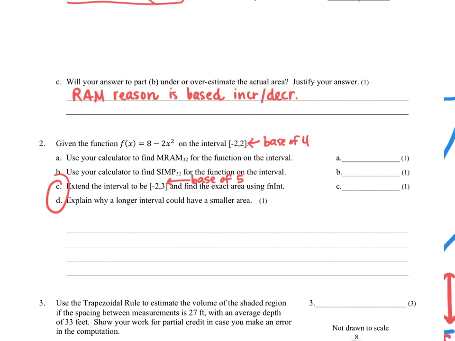This is where I wanted you to look at the graph and notice that as soon as you got beyond the value of 2, it started to go below the x-axis. And those rectangles, or those paraboloids formed under the x-axis, are now accumulating negative area, which serves to pull your overall answer down. So I wanted you to look at that.